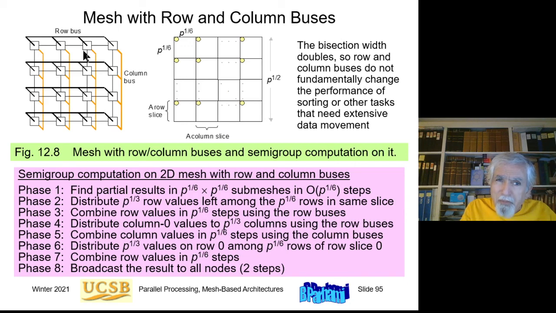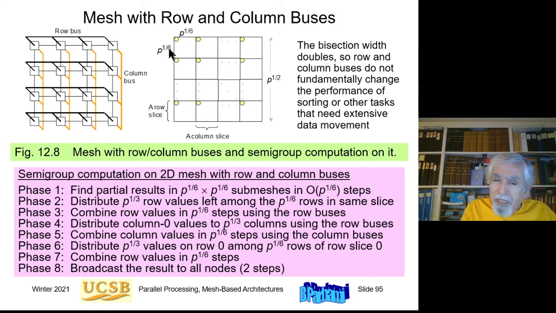So for example, a message wanting to go from this corner to this corner can take one step over that bus to this corner, and one step over this bus to this corner. And I won't describe this algorithm. It turns out that with these buses, now I can have larger meshes. So even if I have, say, a 30 by 30, 32 by 32 mesh, it's feasible to connect 32 things to the same bus.